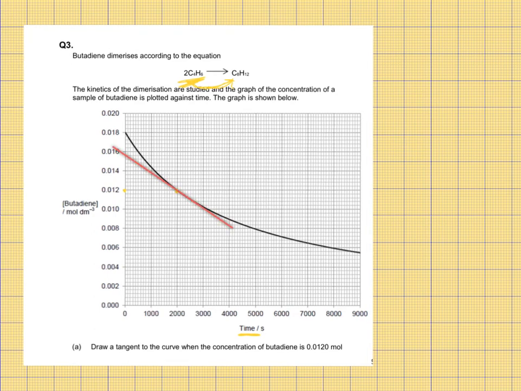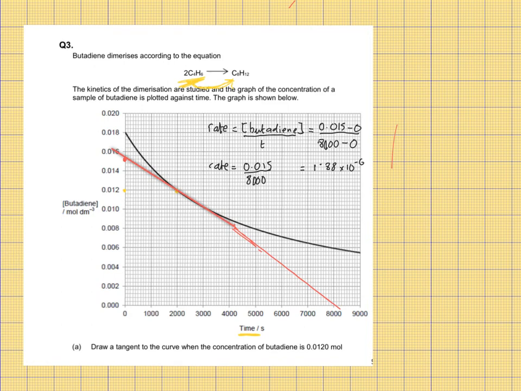Now remember, a tangent to the curve should touch as much of the curve as possible with your point being in the centre. When calculating a rate and drawing a tangent to the curve, always get the biggest triangle possible. Again, this will be an approximation depending on how good your tangent is, but remember how to work out the gradient. So it's the change in concentration of butadiene over time.